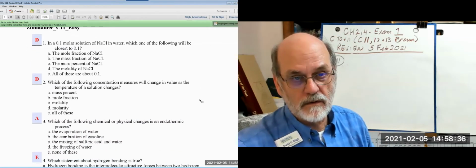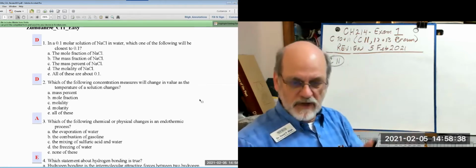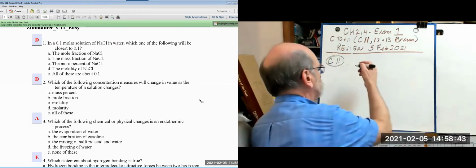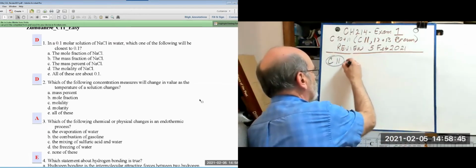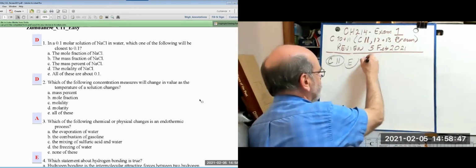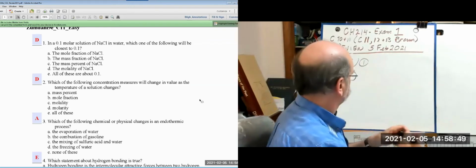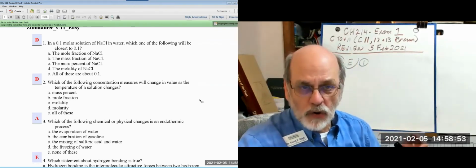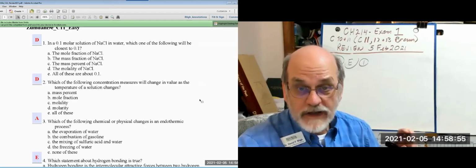Here we go. So, number 1. And this is the easy section. We're given a 0.1 molar solution of sodium chloride.